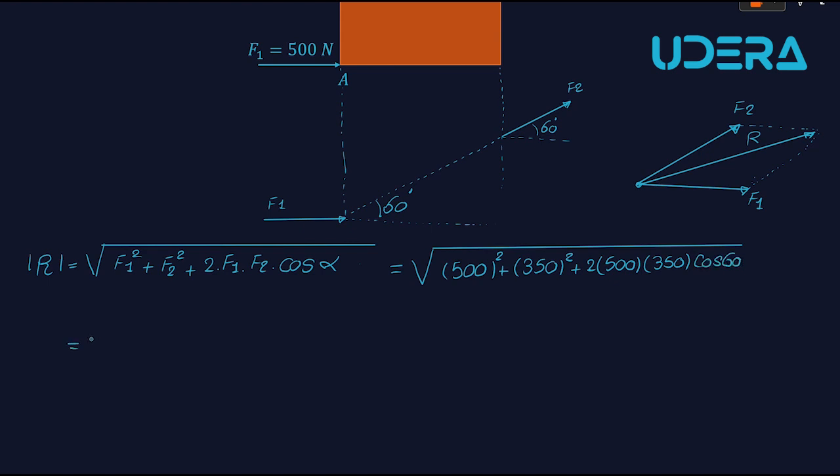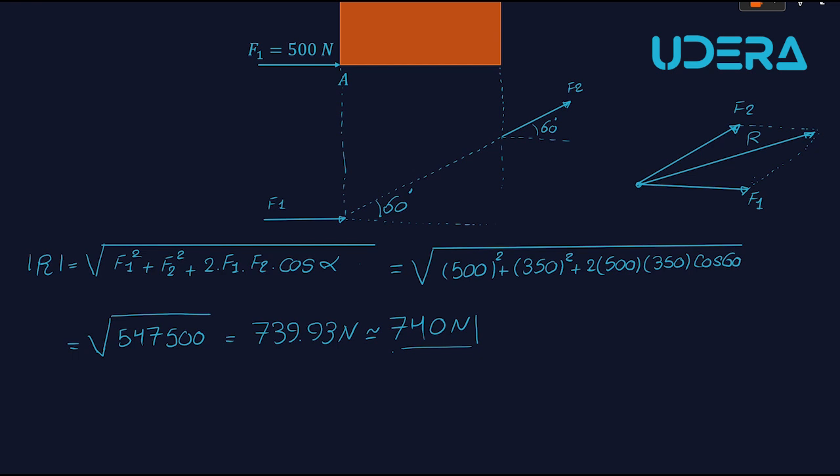So the result will be the square root of 547,500, which will be 739.93 newtons. That's almost 740 newtons. So the magnitude of the resultant vector is 740 newtons.